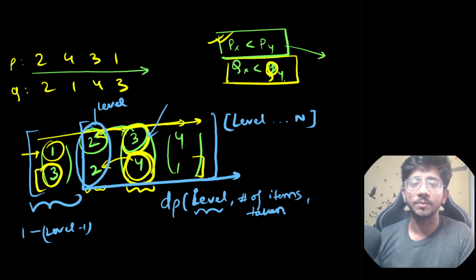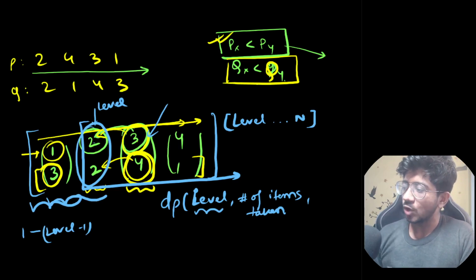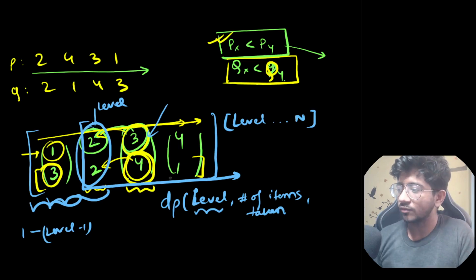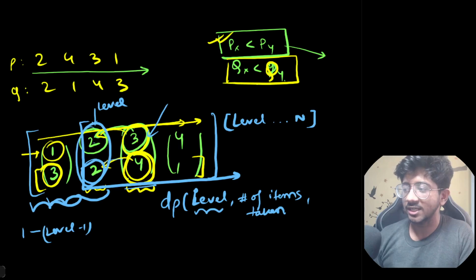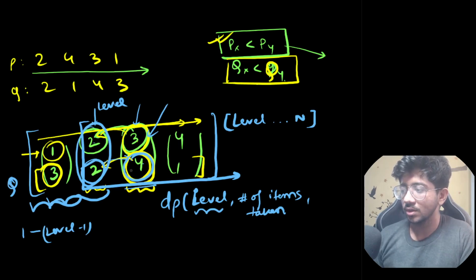Next thing that we have to talk about is, when we are trying to take a particular item, what matters, right? Any item that we have not taken before is potentially going to create a conflict with this particular item, provided that it is smaller than the item we are currently considering. So let's say we are considering this item, 4 over here. If there is any item whose Q value is lesser than 4 that has not been selected, that is going to be a problem, right?